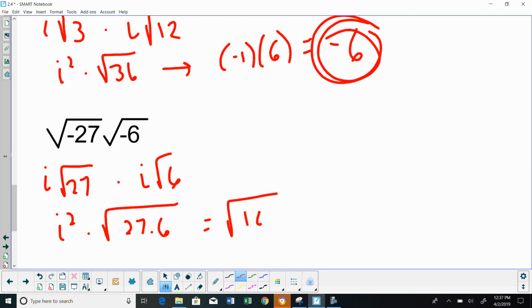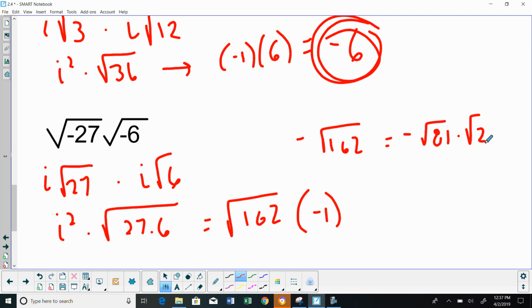So square root of 162 then times i squared, but i squared is really -1. So I'm going to have the opposite of the square root of 162. And I think that 81 goes into 162, so I can write this as negative square root of 81 times square root of 2. And so that turns out to be -9 times square root of 2 as our answer.